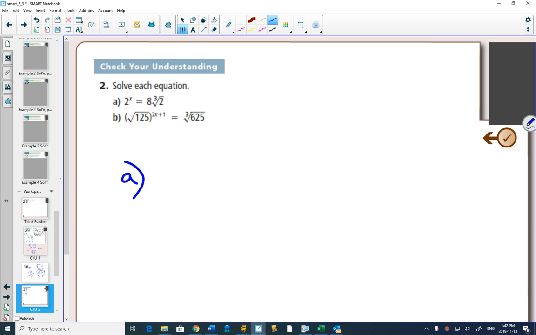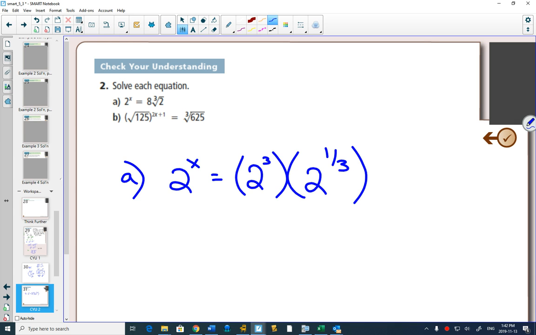So I'm going to start by changing my 8. Well, my 8 is 2 cubed. The cube root of 2, I can write that as 2 to the 1/3.